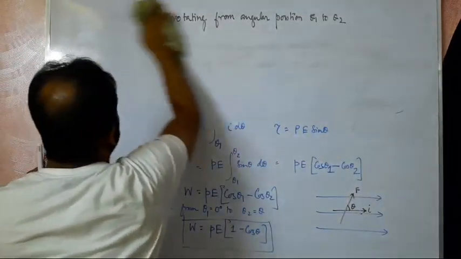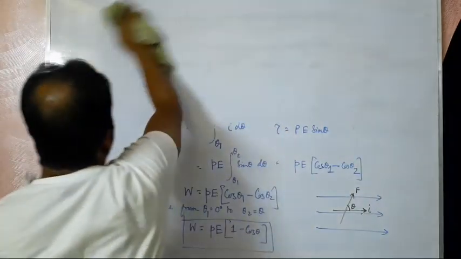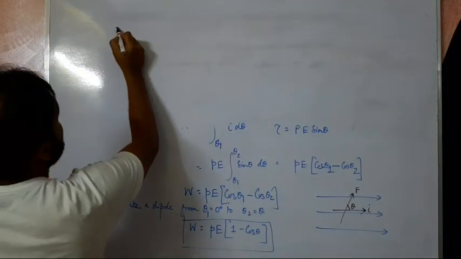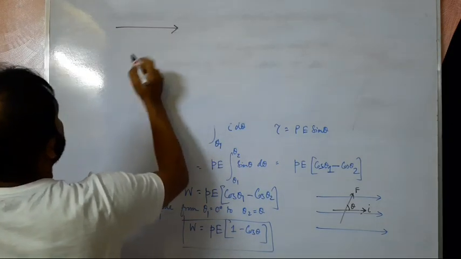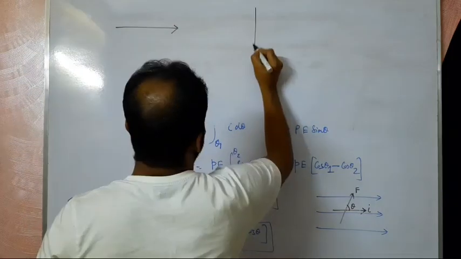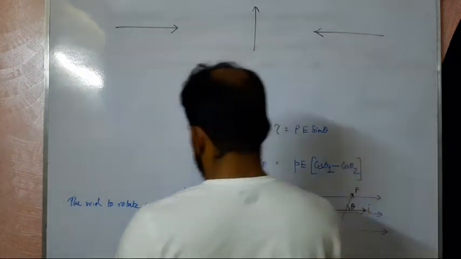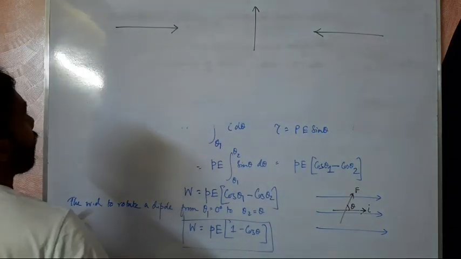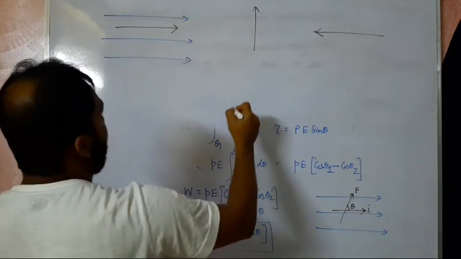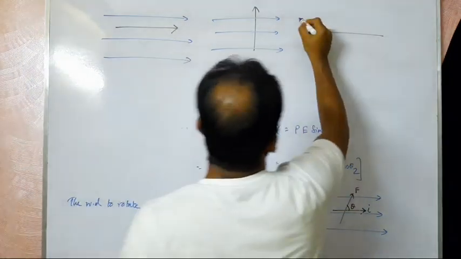The amount of work done in different positions of the dipole: when the dipole is parallel to the field, when the dipole is perpendicular to the field, and when the dipole is anti-parallel to the field. These are the directions of the dipoles. The dipoles are represented by black arrows, and the electric field by blue arrows.